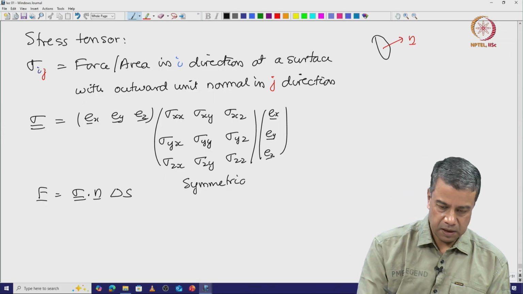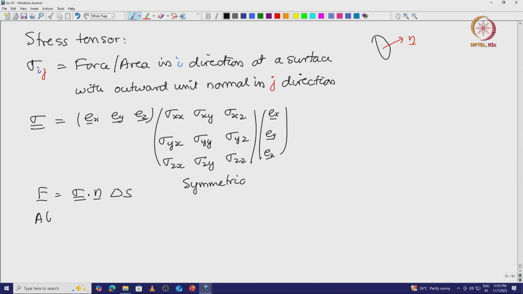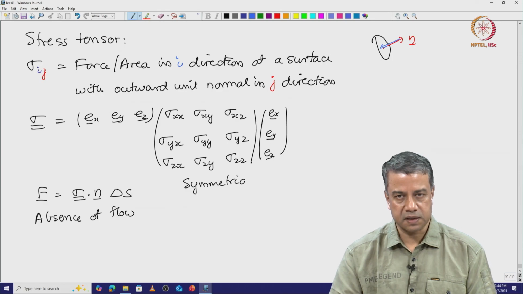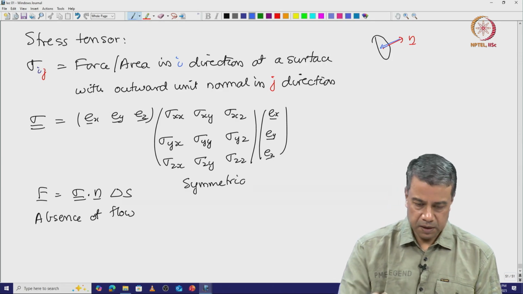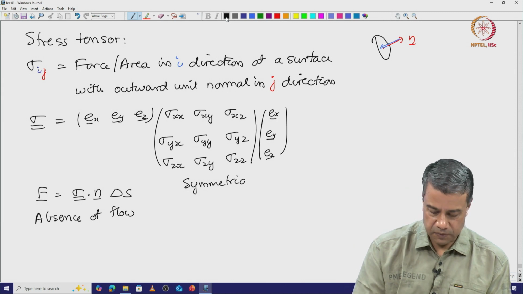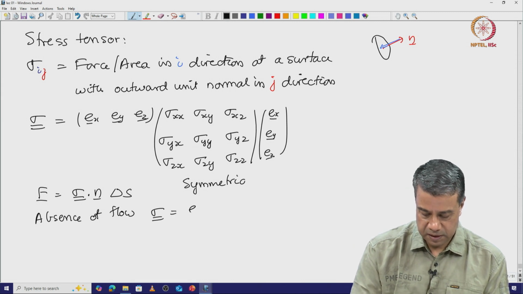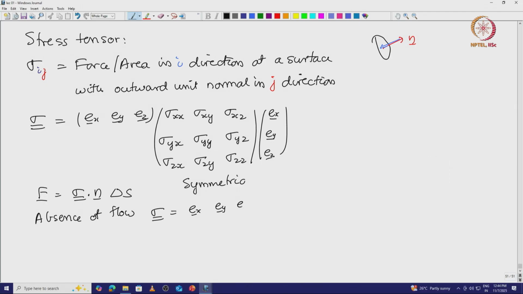Okay. And in the absence of flow, for any fluid element you have only a pressure which acts in the compressive direction. The pressure acts along the inward unit normal to the surface. Therefore, since it acts only along the inward unit normal, the stress tensor can be written as Ex, Ey, Ez into Ex.